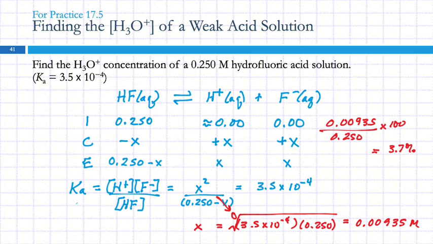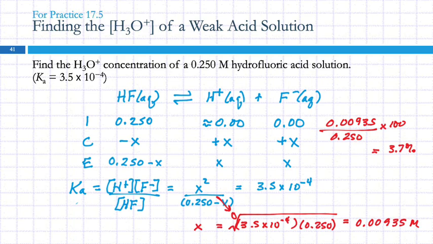Yeah? Can you just go through why that x is 0? Yes. So why did I make x 0? A lot of times x is small enough that if we subtract it from this number, it's not actually going to make any difference.